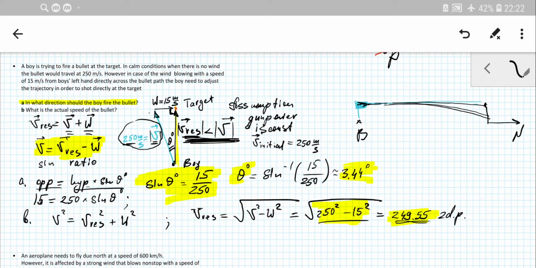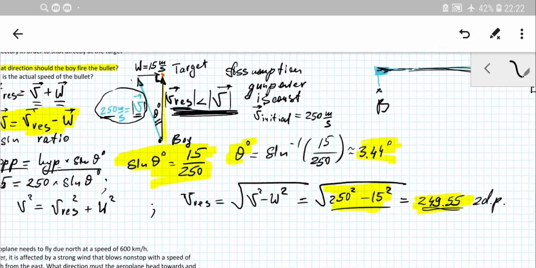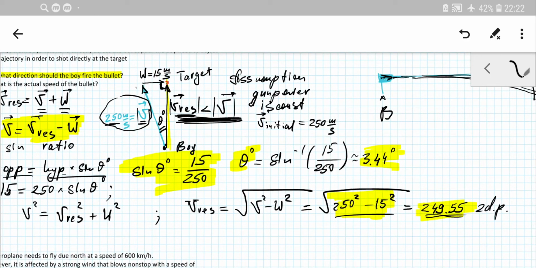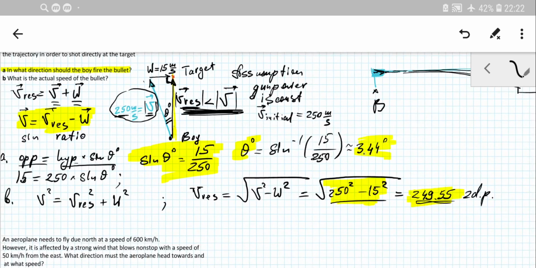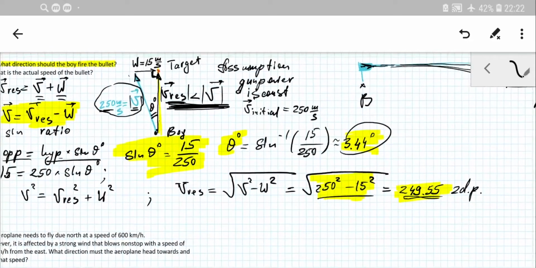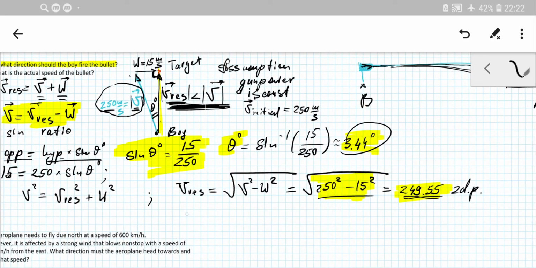Okay, so how to calculate V resultant another way around? Of course, you can use different ratios. V resultant, for example, is the adjacent side, right? Or we can use the tangent rule. We've got the opposite side, we've got the resultant side, and we use theta that we recently found. I'll just show you quickly how to calculate. Opposite over adjacent is given by the tangent of theta.